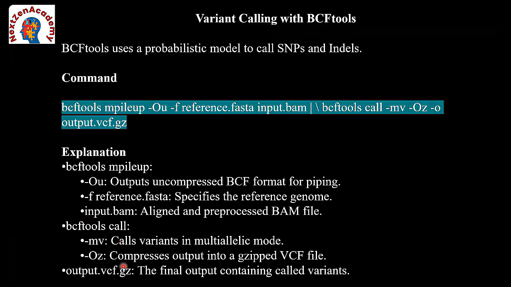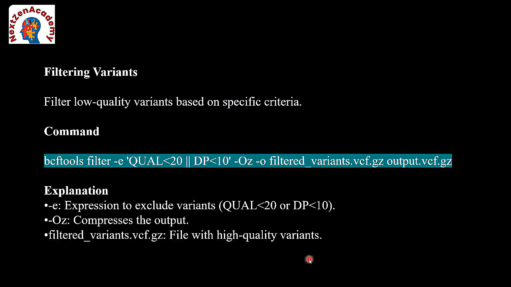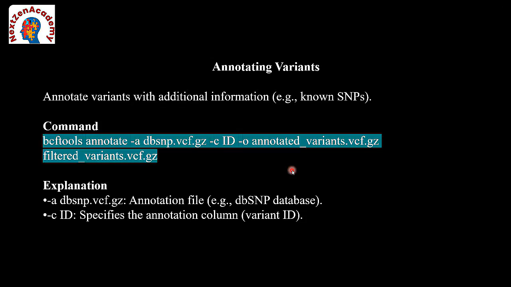So bcftools mpileup, -O, reference FASTA, input BAM, then bcftools call. We need to call the VCF, which can output uncompressed VCF format for piping. F is called the reference FASTA.